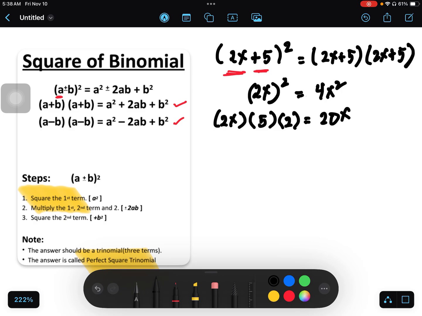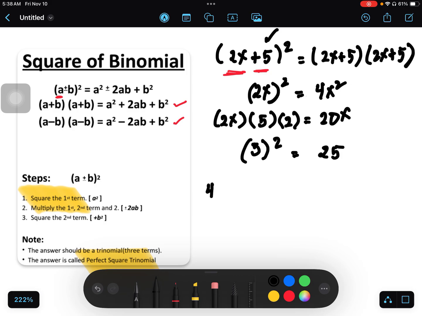And the last step is to square the second term. The second term, again, is 5. If we square that, that is 25. Your final step is to write your terms horizontally.